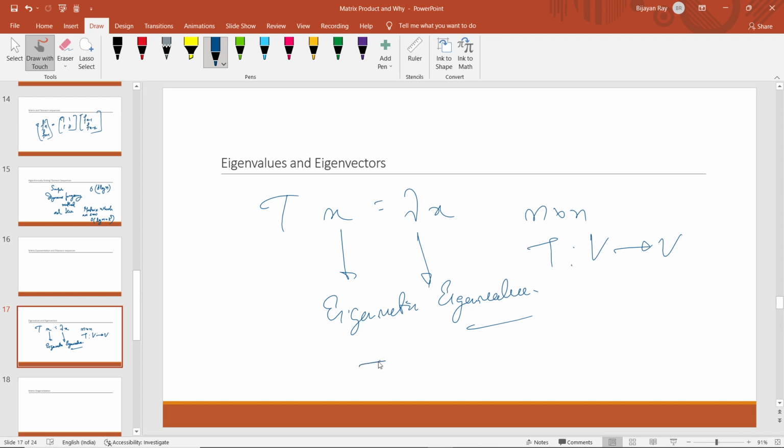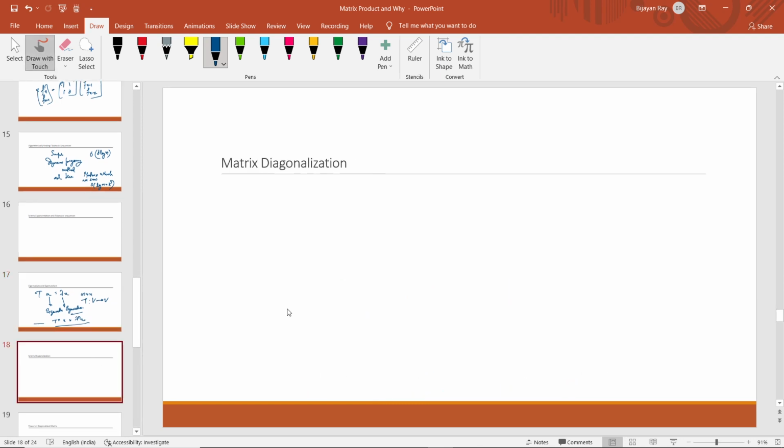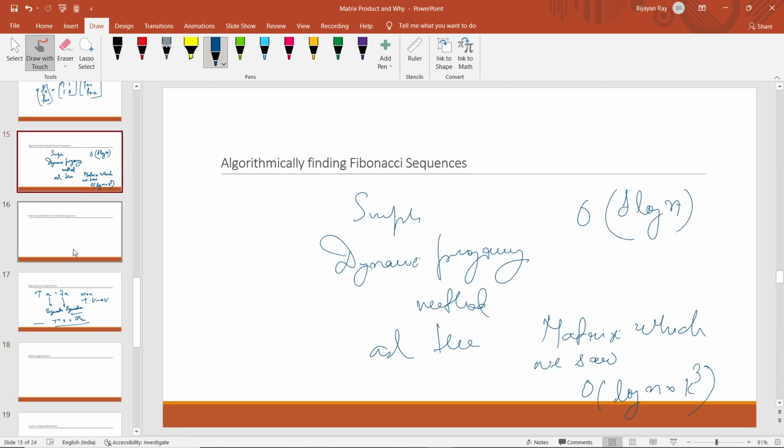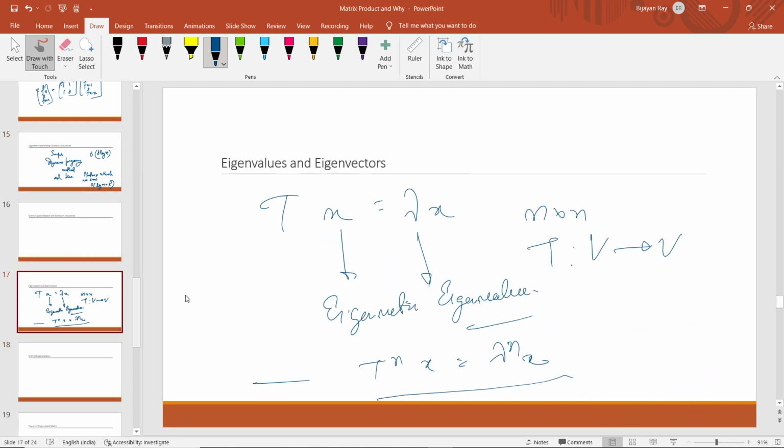So now here's an elementary observation, that is T to the power n of x equals lambda to the power n times x. This is easy to see. Now, it isn't necessary that every linear transformation has to give eigenvectors and eigenvalues.